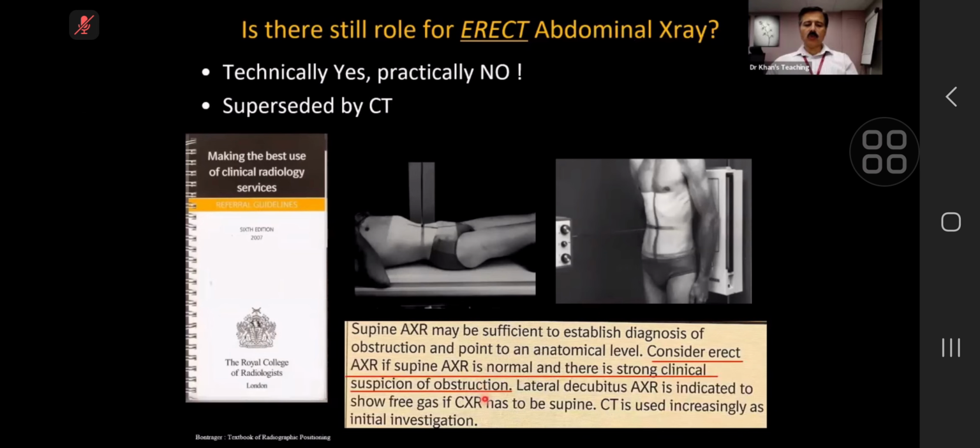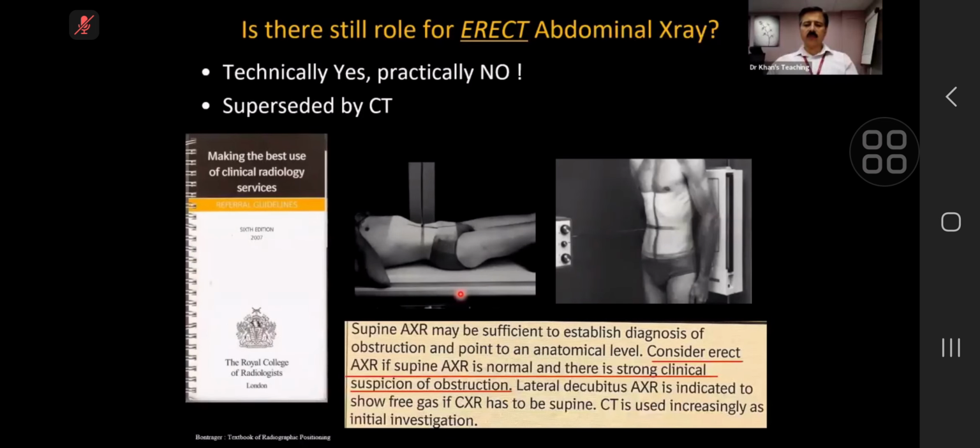Now, what is the use of an erect film? This is from the guidelines of the Royal College of Radiologists. There was a booklet in 2007 which says to consider an erect film if the supine X-ray is normal or there is strong clinical suspicion of obstruction.